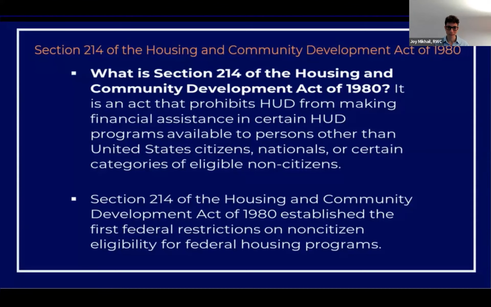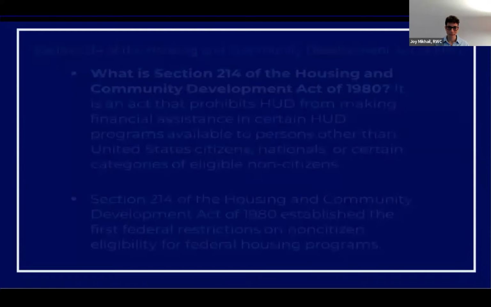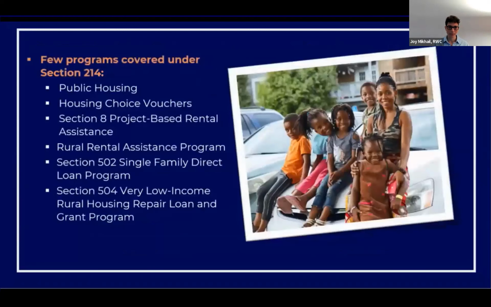The original restrictions were limited to non-immigrant students, but over time, they were expanded to additional categories of non-citizens. Currently, Section 214 states that only specific categories of non-citizens are eligible for benefits under certain housing programs.